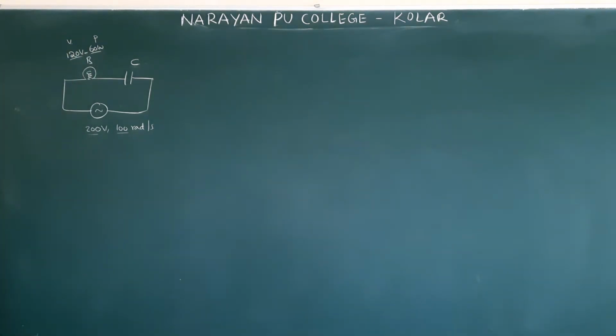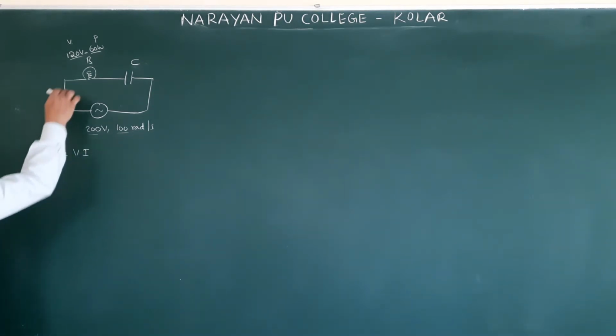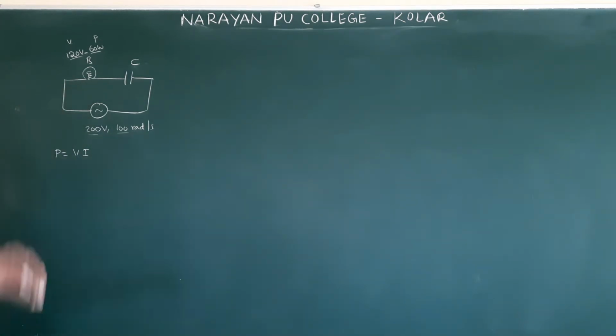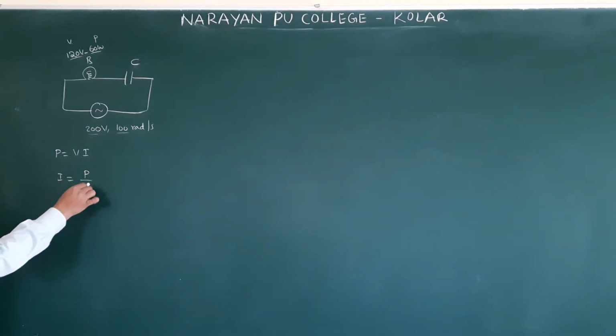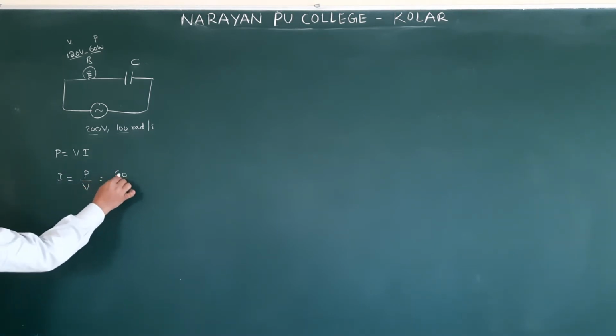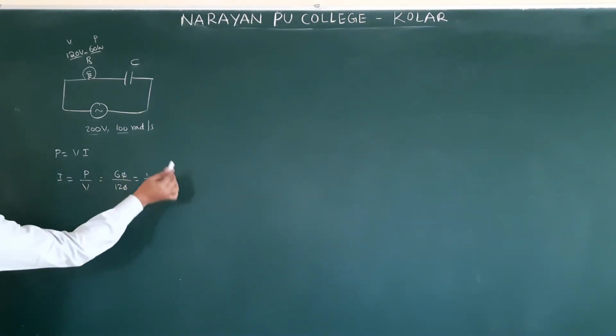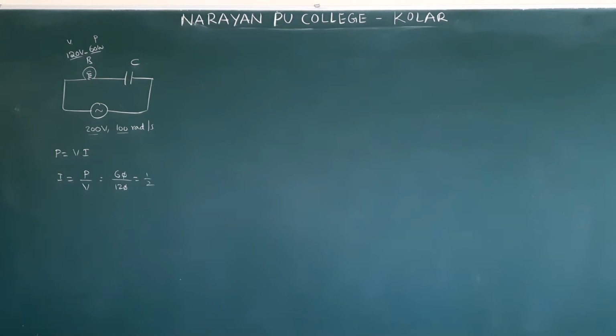Then you will be getting how much current is passing, because P is equal to VI rating. This one we discussed for rated bulb in the current electricity lesson, isn't it? Then we will be getting current value. So I is equal to P by V, 60 by 120. So 1 by 2. Correct only? So 1 by 2 is nothing but current value.